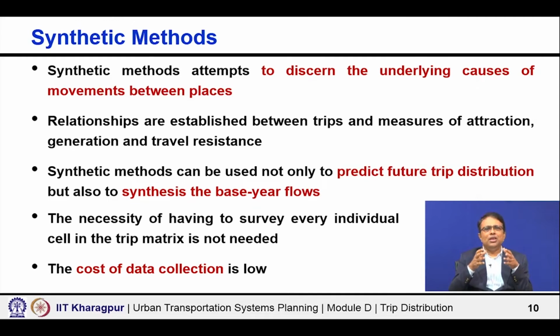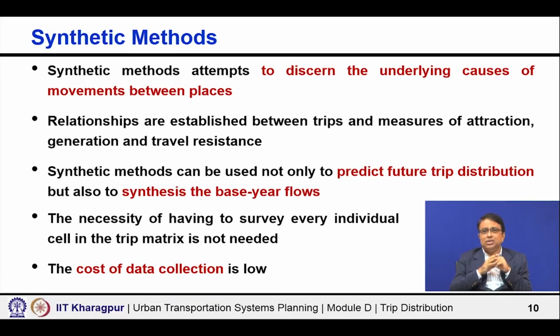It simply uses some multiplier in many different ways, so that your row totals and column totals give you a reasonable match, and you must have the base year trip distribution matrix with you. So we can apply growth factor based methods where there is no change in the transport network, where we need a short update.